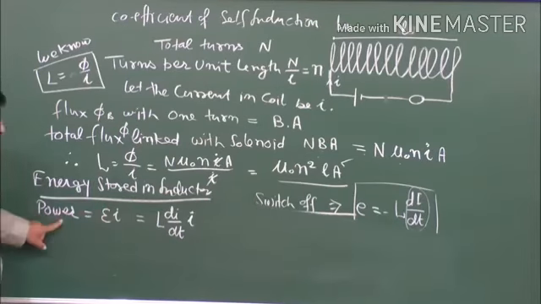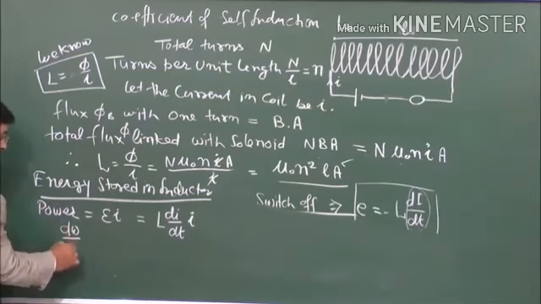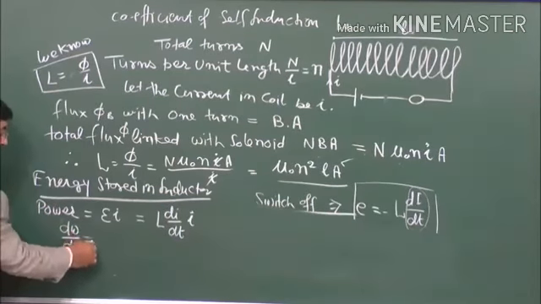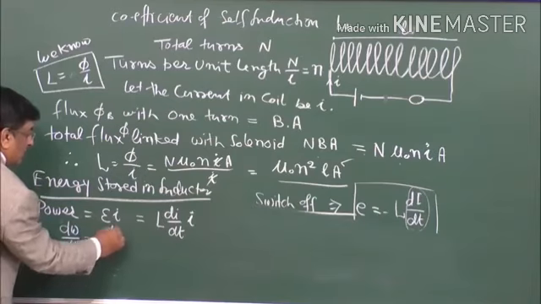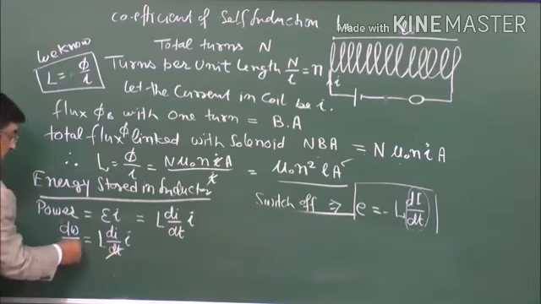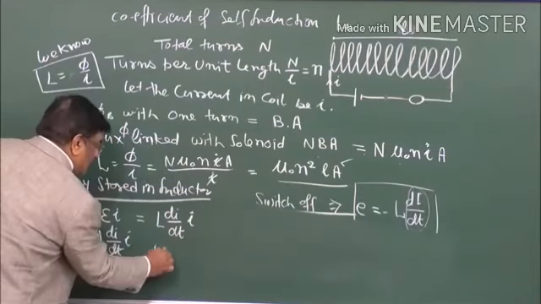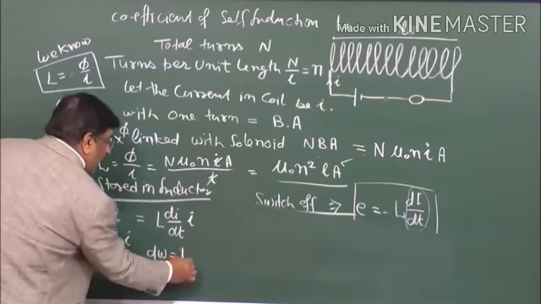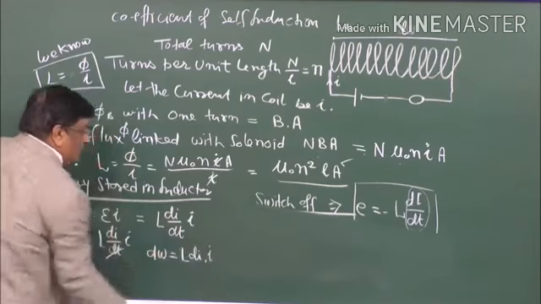Now power itself, for a very small time dt, has a formula dW by dt, and E has this formula L di by dt, into I. dt is cancelled, and we have dW is equal to L I di.